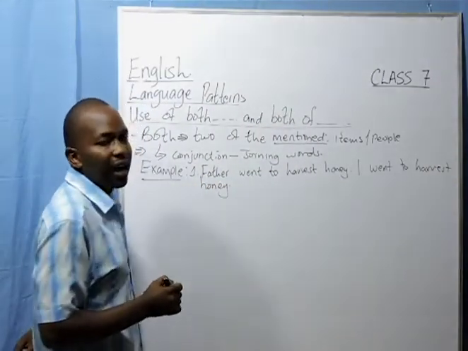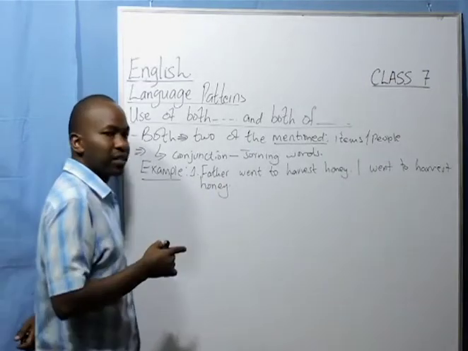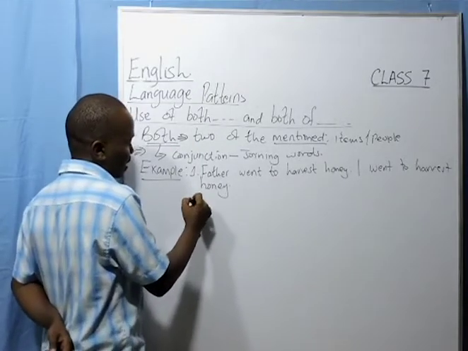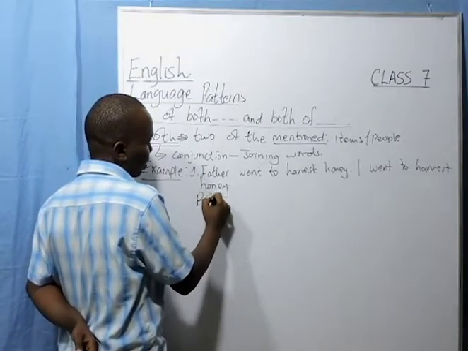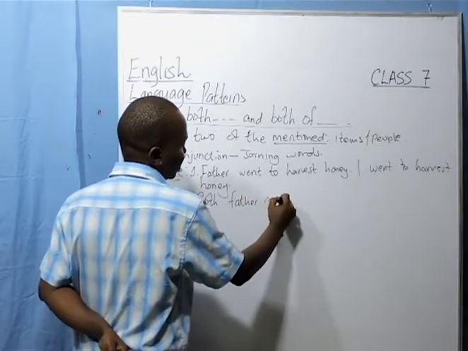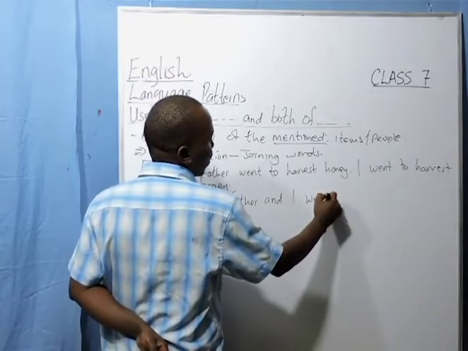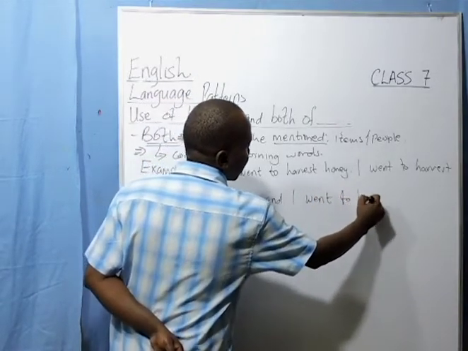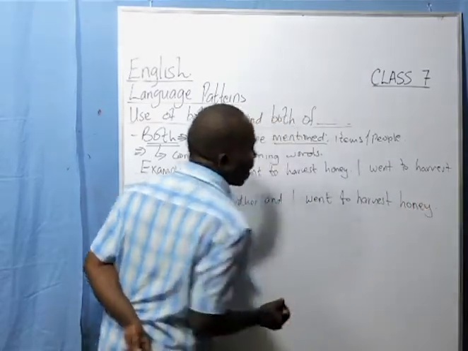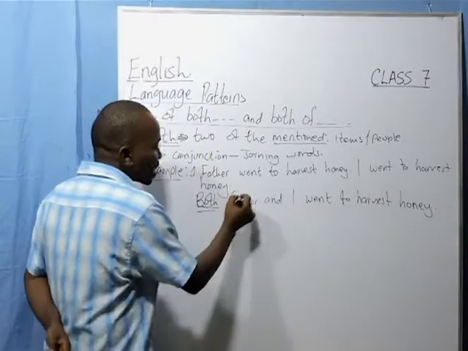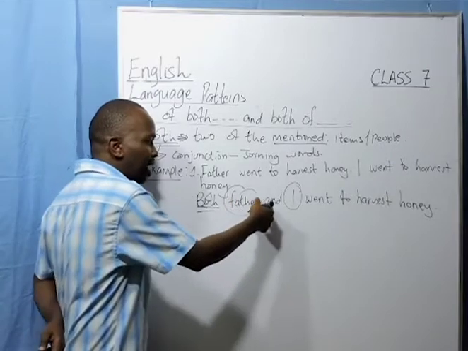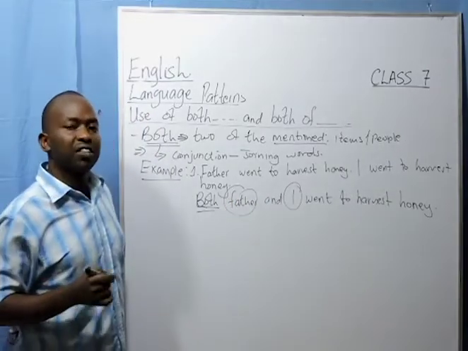Instead of writing the sentences as separate, we can put them together by using both. So we'll say, both Father and I went to harvest honey. Both Father and I. Both. That means that the two of us, Father and I. Both Father and I went to harvest honey.